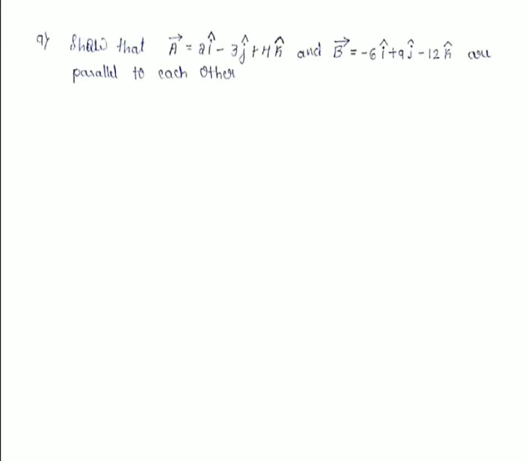Okay, next problem. Show that vector A equals 2i cap minus 3j cap plus 4k cap and vector B is equal to minus 6i cap plus 9j cap minus 12k cap are parallel to each other.